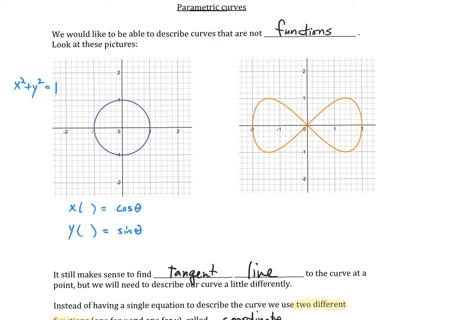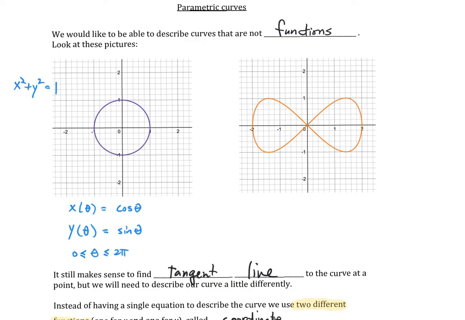And in order to trace out the full circle, you would have to let theta range from 0 to 2 pi. So maybe we could put a restriction like theta is going to be between 0 and 2 pi, like that. And if we did it this way, then you would have a theta here and a theta here. This is a parameterization of a circle that you have seen before in basic trigonometry.